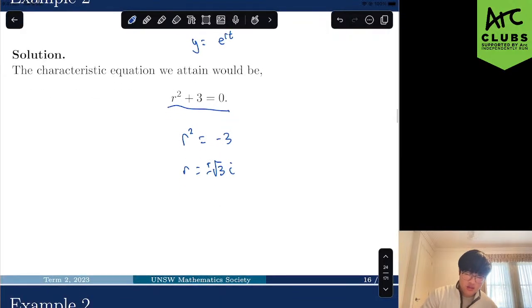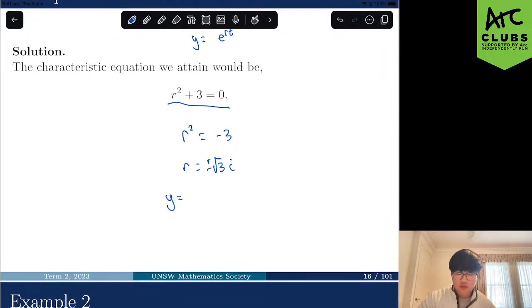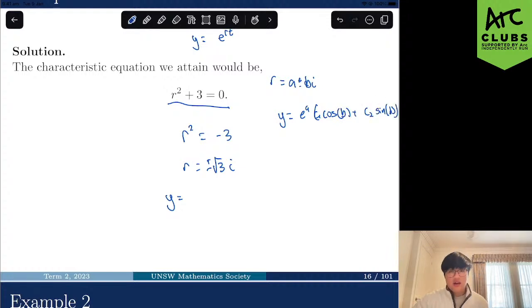Then our solution to that equation, if you remember what we said, the general solution to a complex root is, if this is our r, then the general solution is e to the a t, C1 cosine bt plus C2 sine bt. And in our case here, a is just 0.